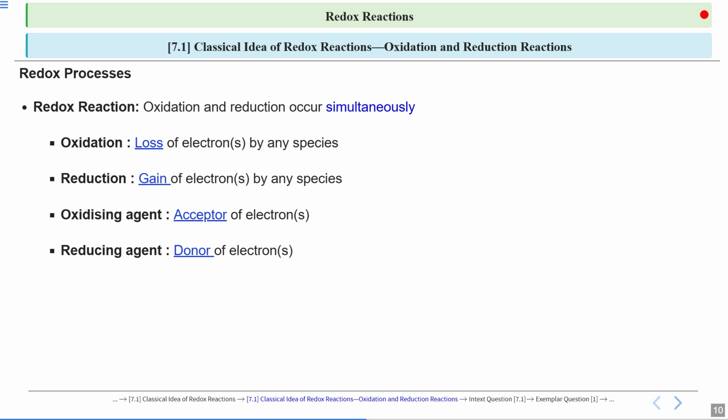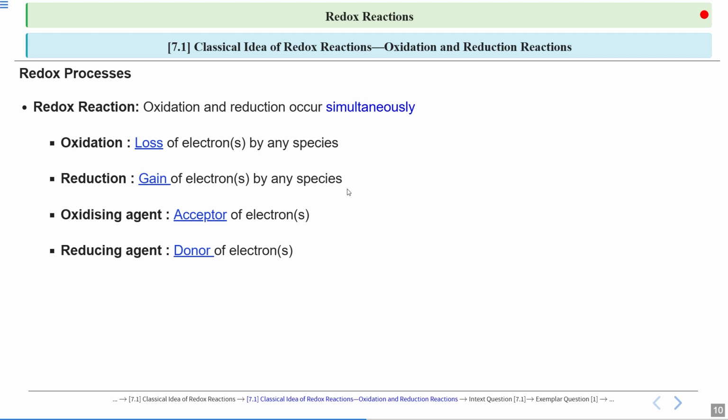So we can say that a process in which a substance is losing electrons, which would result in an increase in its oxidation number, is the most important point. If there is an increase in the oxidation number, then that particular process is the oxidation process.